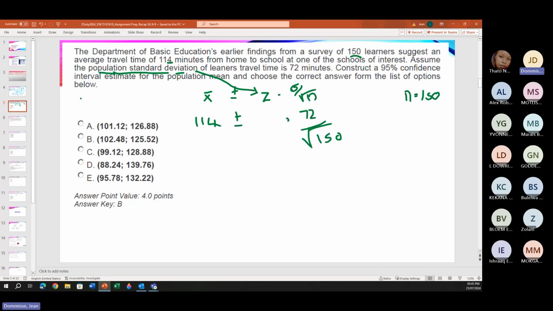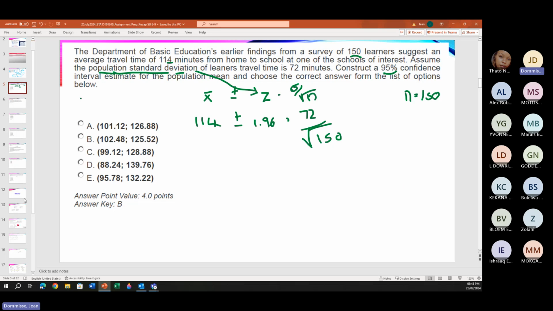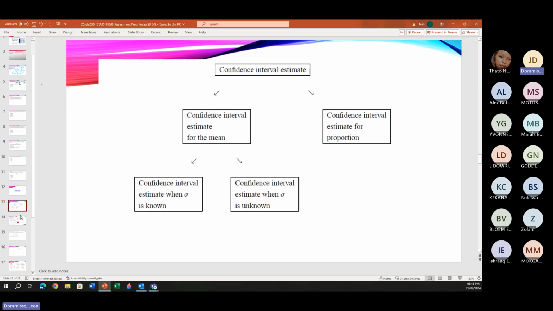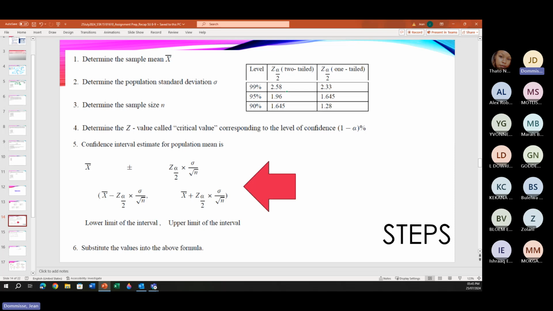They tell us we're working with a 95% confidence. So 95% confidence is 1.96, but let me quickly show again, 95%, we're working with a 1.96.